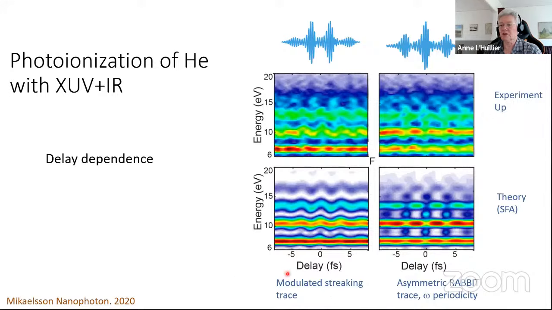It's a little bit like a streaking trace, but for each harmonic component. In the 3 pulse case, you have instead some kind of RABBIT type of result, but with the difference that this time it's very asymmetric. So what is shown here is the up result. As you see, the periodicity now is omega and not 2 omega as in traditional RABBIT.